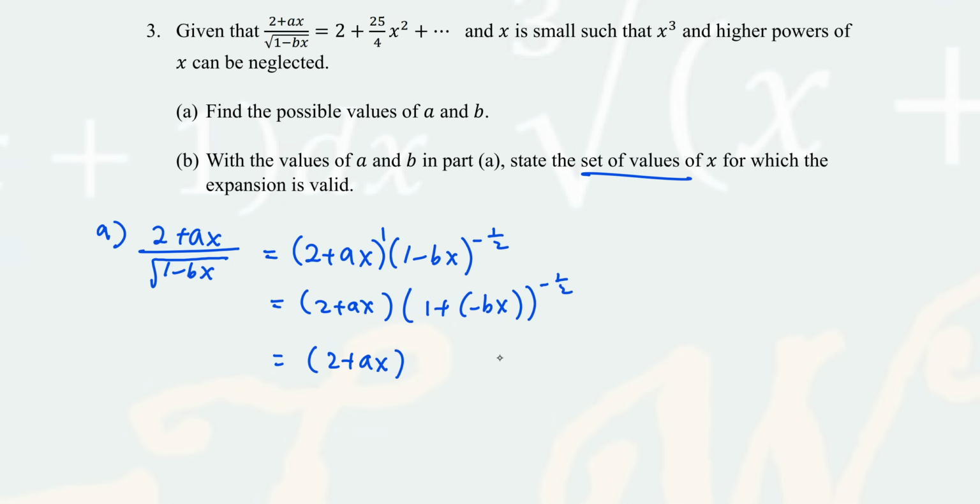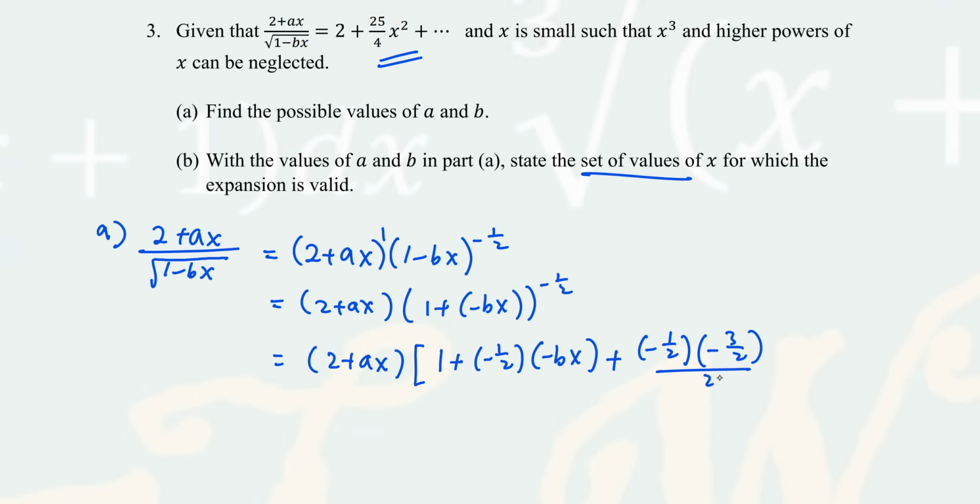So this is going to be 2 plus ax. Then use a formula. And now you see here, it is up to x squared. So I will be doing the expansion up to x squared only. So it will be 1 plus, n is negative half, x is minus bx. So this is 1 plus nx plus n, negative half minus 1 is going to be negative 3 over 2, over 2 factorial, minus bx squared.